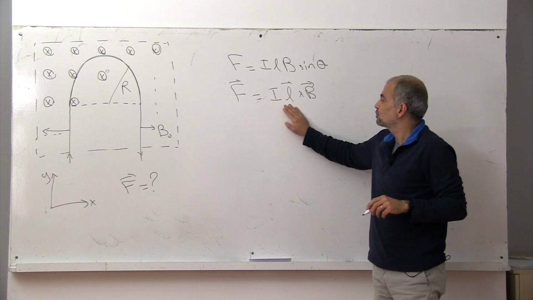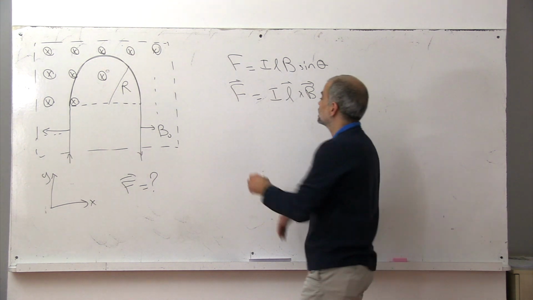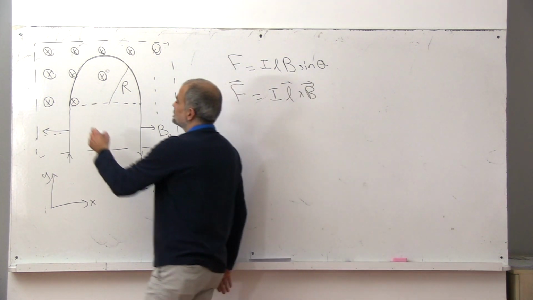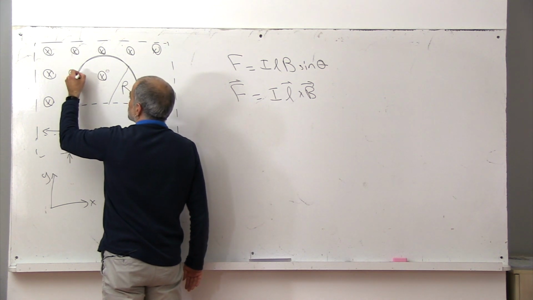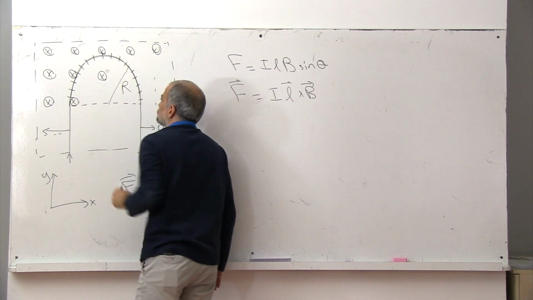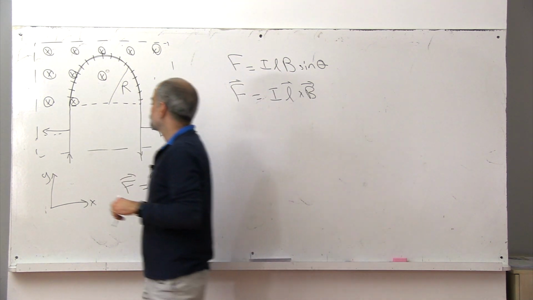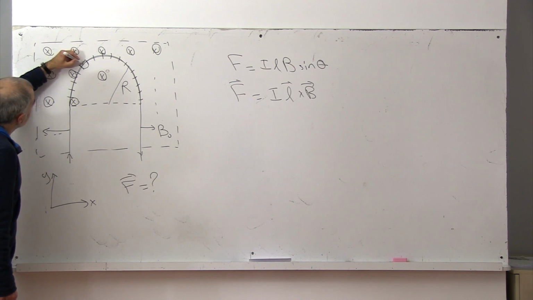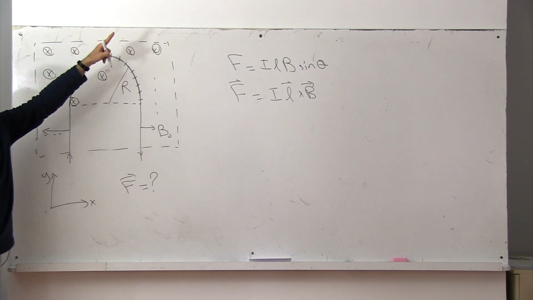So there are a couple of approaches we can take in this case. We can say that since L is constantly changing, we will be dividing this segment into very small parts. We can pick one of those segments. Let's say we took this segment over here. Then dl is pointing in that direction.